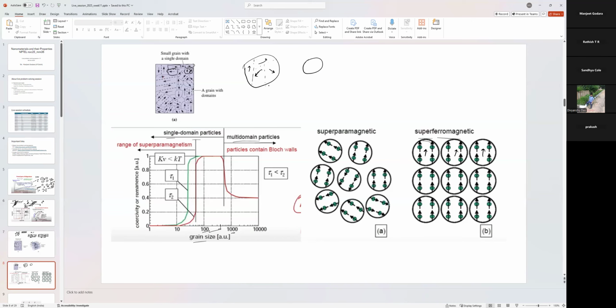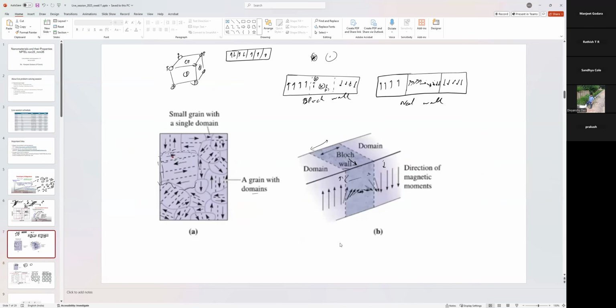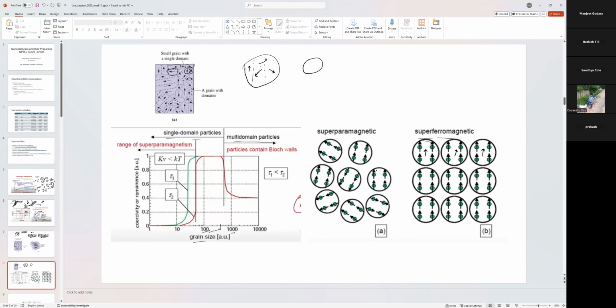What's difficult is changing the orientation of these domains inside the grains, in the transition zone in the Bloch wall region. It takes energy to move all these domains to align them in the same direction.